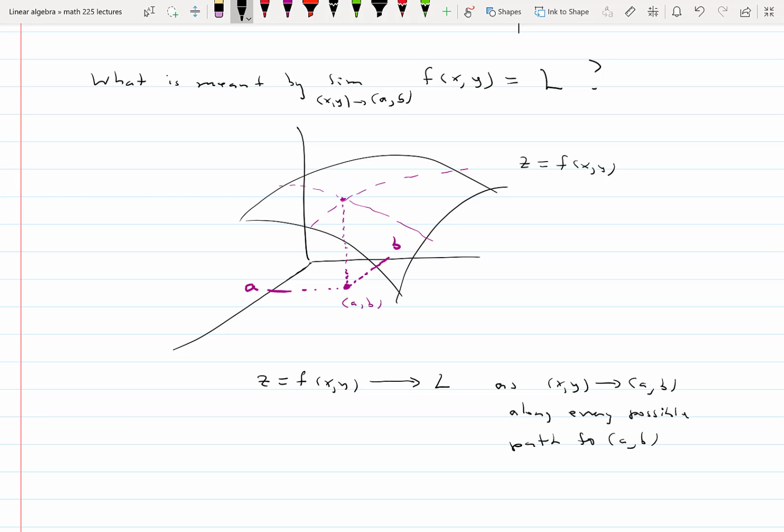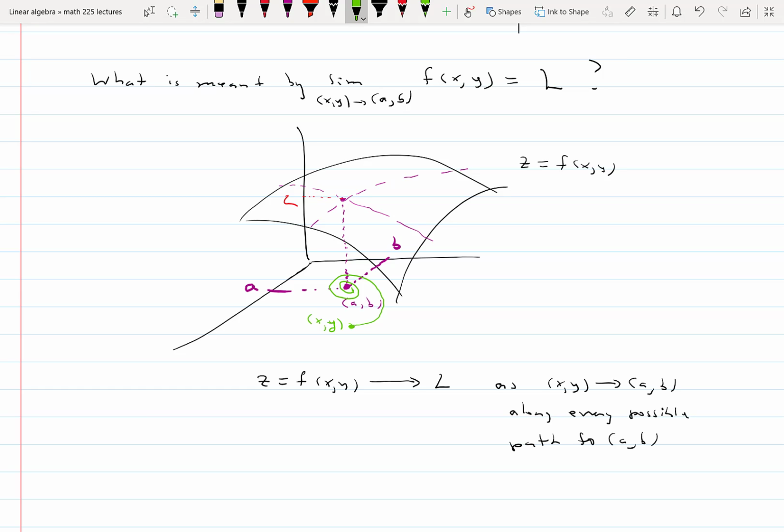The z values are getting extremely, extremely close to L as the point xy is allowed to approach the point AB along every possible pathway. I'll indicate that in green here. Here's the point xy right there, and I have to allow myself to consider x and y approaching the point AB along every single pathway.